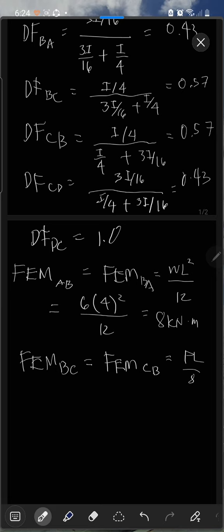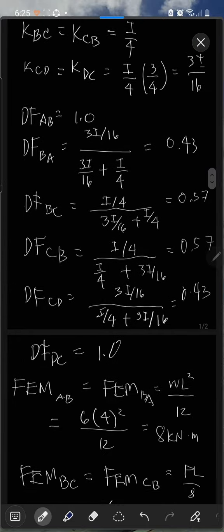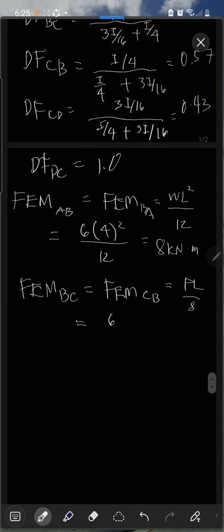Formula for the fixed end moment of a concentrated load at midspan. So we have P of 6 kilonewton times 4 divided by 8. Okay, compute. So we have 3.